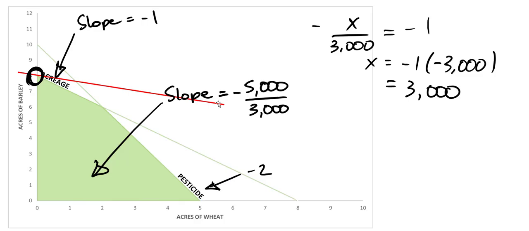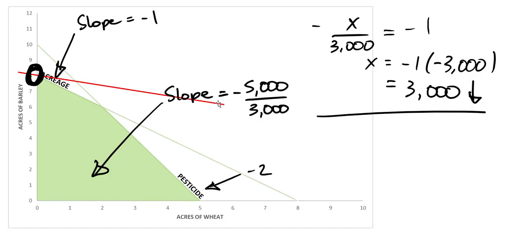The price of wheat was originally 5,000. That price of wheat could drop down to $3,000. I would still continue to plant 2 acres of wheat and 6 acres of barley. But once the price of wheat drops below $3,000, my optimal solution would change to the point where I'm now going to plant 8 acres of barley and no wheat at all.